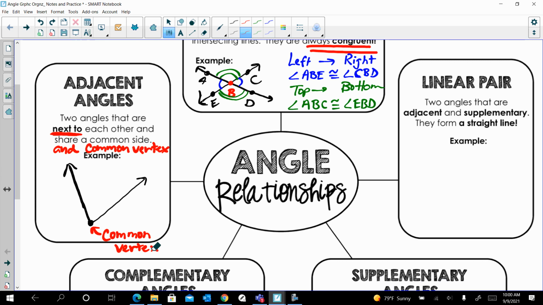Now, we're going to draw some adjacent angles, so that means I need to now add a ray from this common vertex extending to the interior. So now draw a ray from your common vertex extending in the interior. So we are going to name these two angles that are going to be adjacent. Angle 1, and we could put one arc to show that the measure in between the two rays will be angle 1.